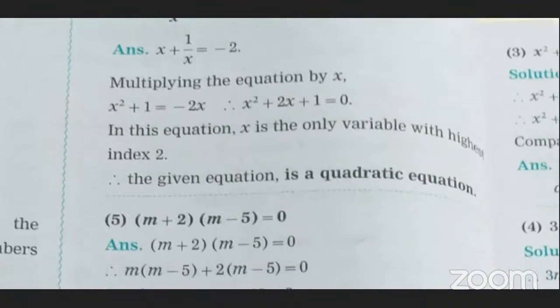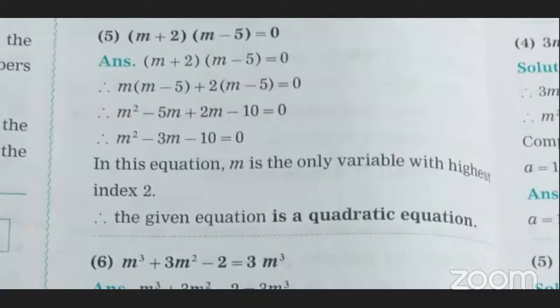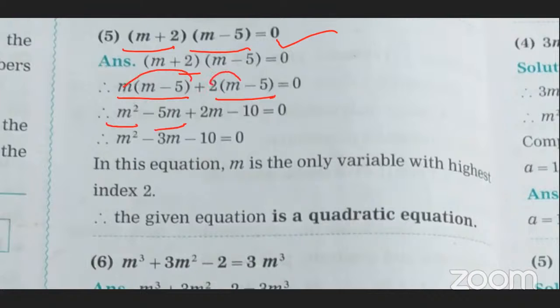Question number 5. m plus 2, m minus 5 equals to 0. So this m multiply by m minus 5 and this 2 also multiply by m minus 5. So m into m, m square, m into 5, 5m, 2 into m, 2m, 2 5 is 10.